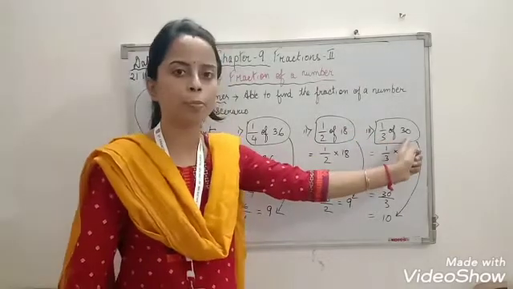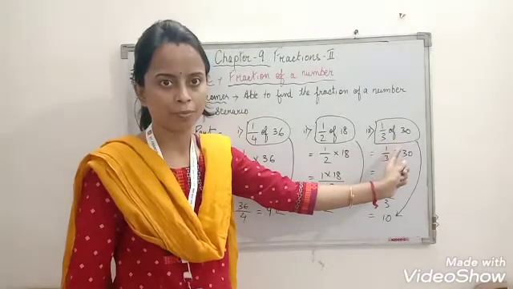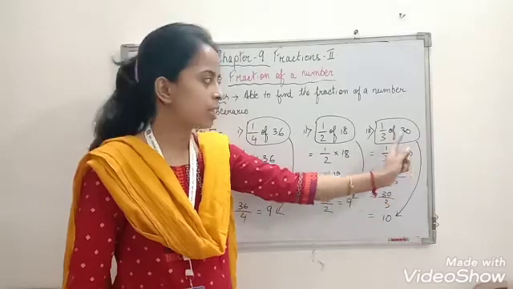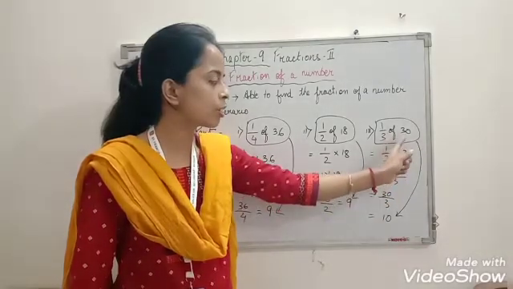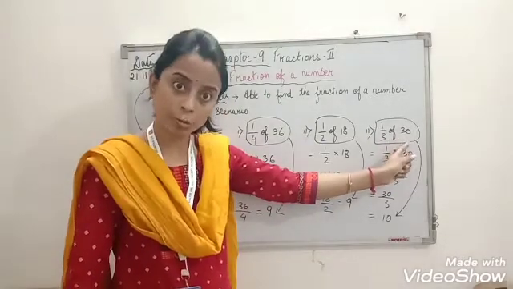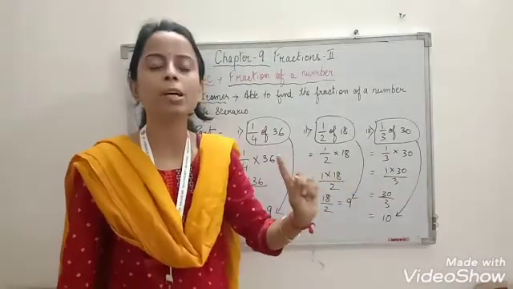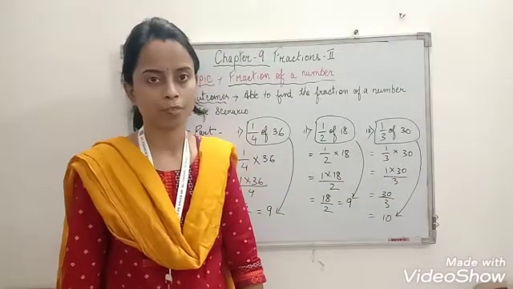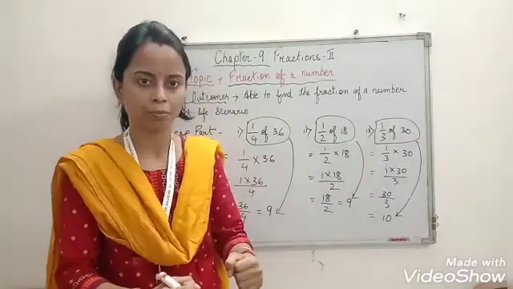Suppose I have 30 rupees. I give 1/3 of 30 rupees to my sister. That means how much did I give? I'm asking how much I gave to my sister.